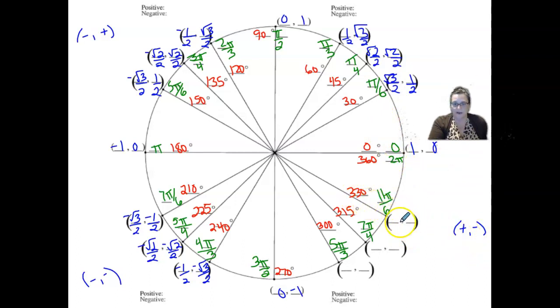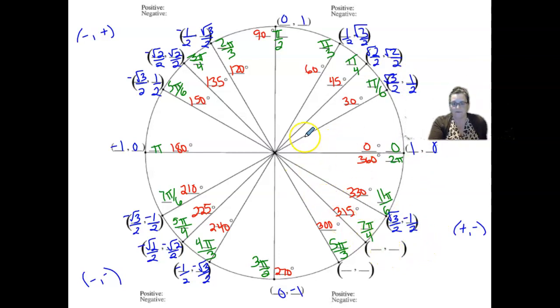So 11 pi over 6 is referencing pi over 6. So they both have a positive square root of 3 over 2 for their x. But the reference angle, pi over 6, when I reflect it into the fourth quadrant, makes the y negative. So y will be negative 1/2.